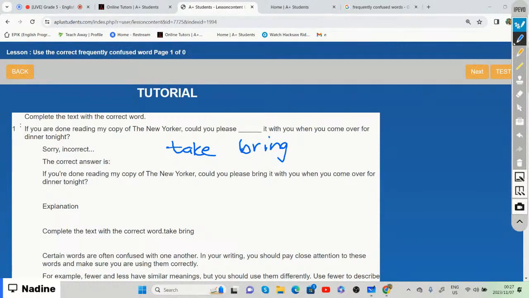What do you think is the correct word to use to complete that sentence? Is it take or is it bring?